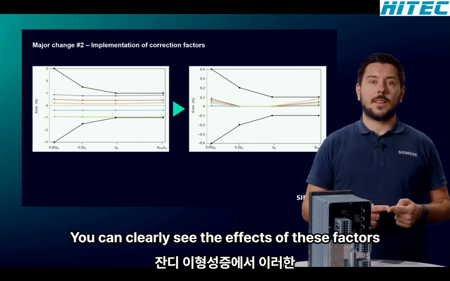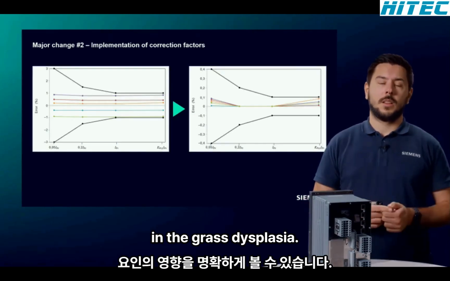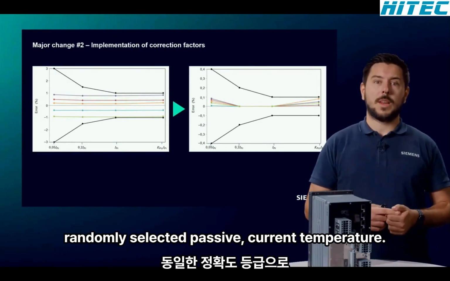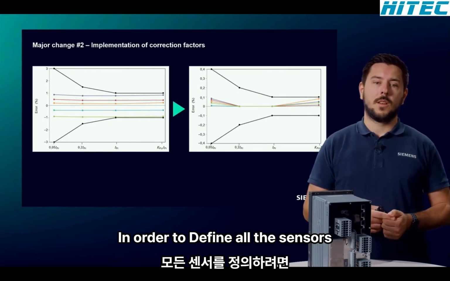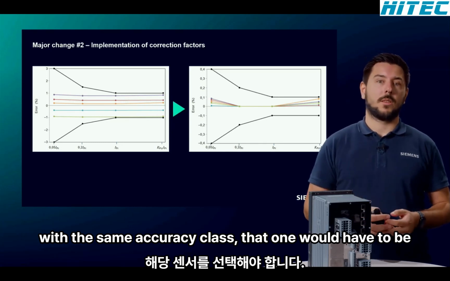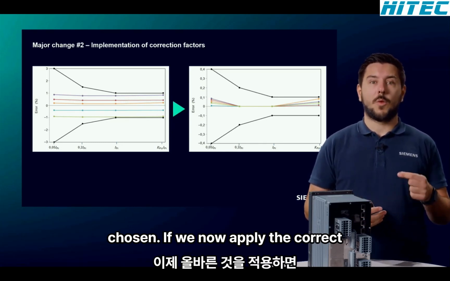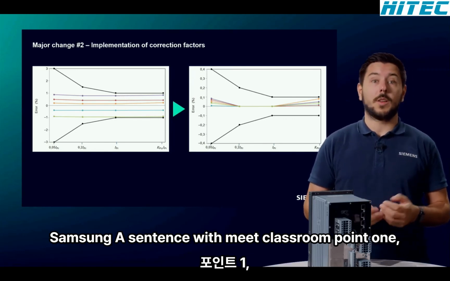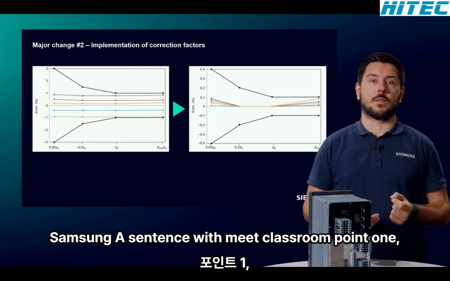We can clearly see the effects of these factors in the graphs displayed here. The figure on the left shows measurement errors of 5 randomly selected passive current sensors. In order to define all these sensors with the same accuracy class, class 1 would have to be chosen. If we now apply a corrected transformation ratio for each individual sensor, all sensors, the exact same sensors, meet class 0.1.